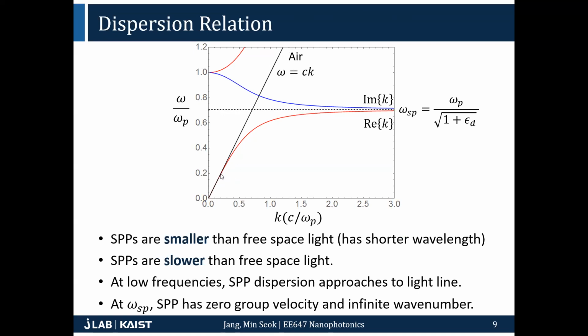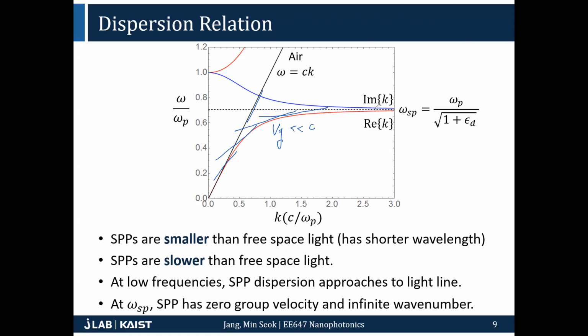Free space light. So here, another thing that you can notice is that if you think about the slope of this curve, its slope is always lower than the slope of the free wave, which means the group velocity of the surface plasmon is much smaller than the speed of light.